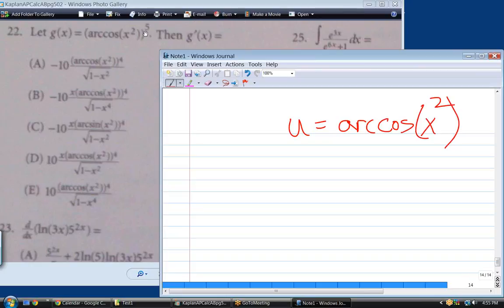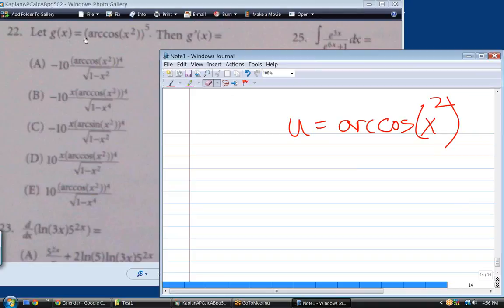But then I would have to multiply it by du dx also, in other words, by the derivative of the inside. Well, there's one more inside. This was the first inside. This is the second inside.